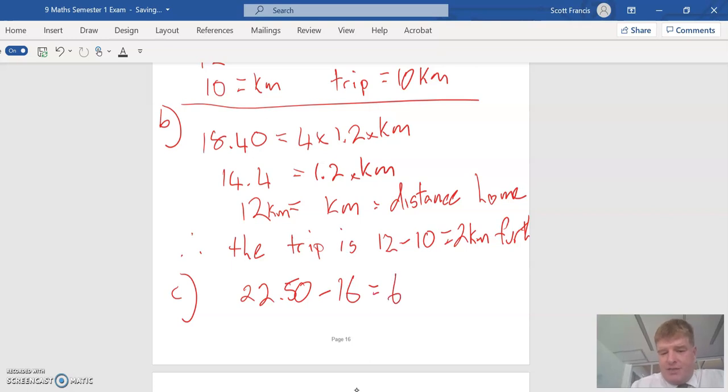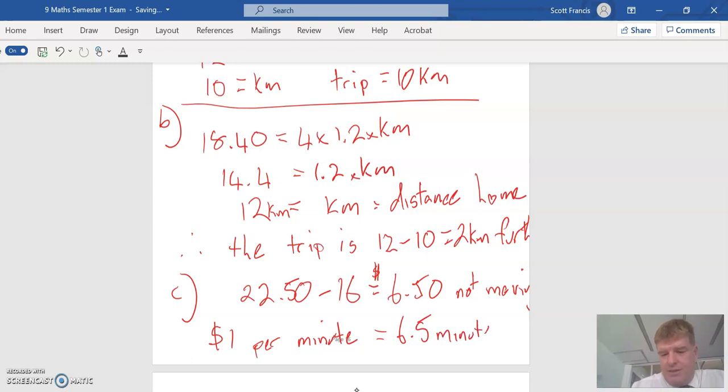So that's an extra $6.50 that is about not moving this trip. And because the cost is $1 per minute, that equals 6.5 minutes not moving.